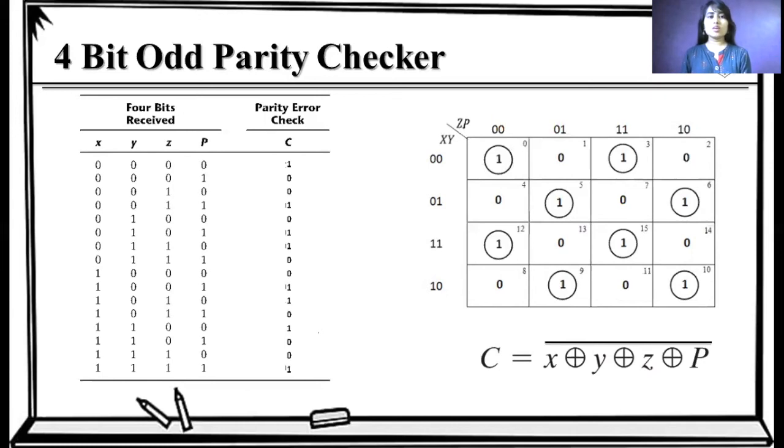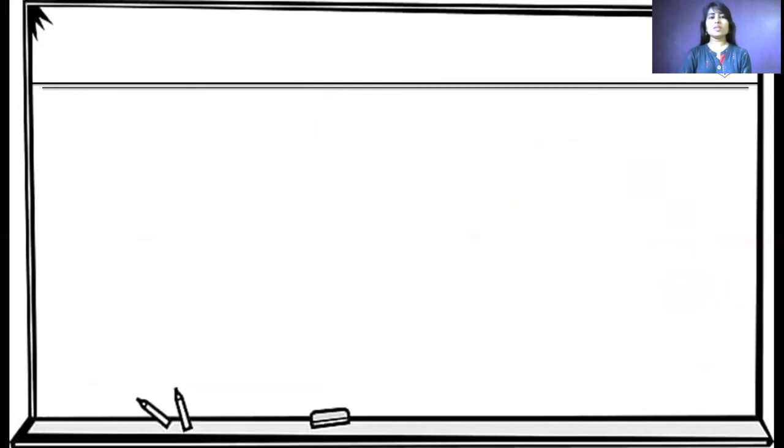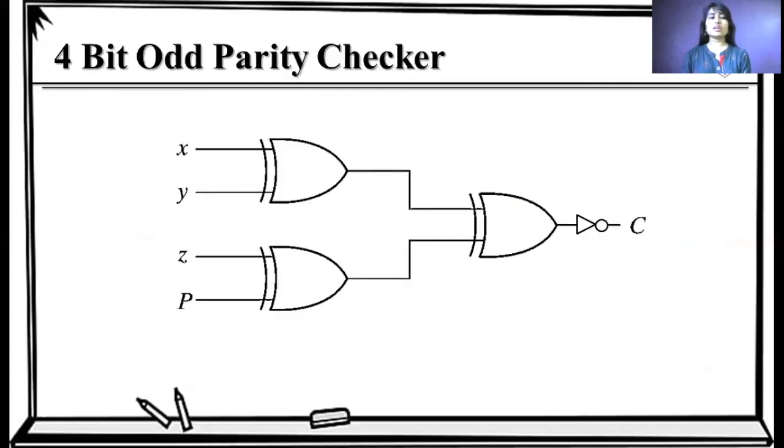So this is how we can calculate the 4-bit odd parity check bit, and we can implement this equation over here: X and Y XOR, Z and P XOR, then again XOR, and then invert this. So we have a C bit for the 4-bit odd parity checker. This is how we can implement the 4-bit odd parity checker circuit.